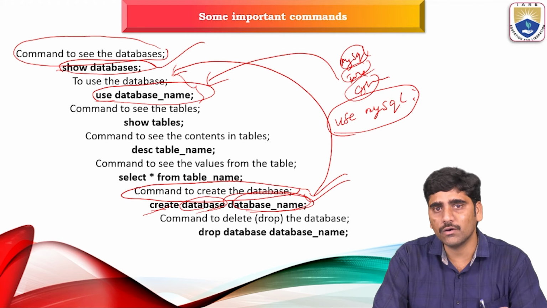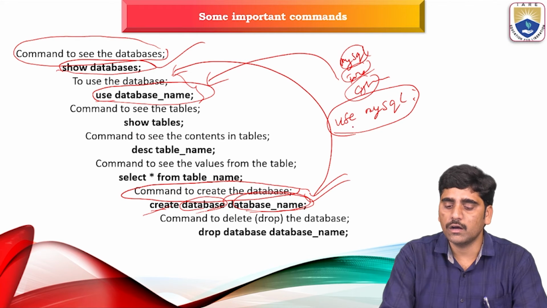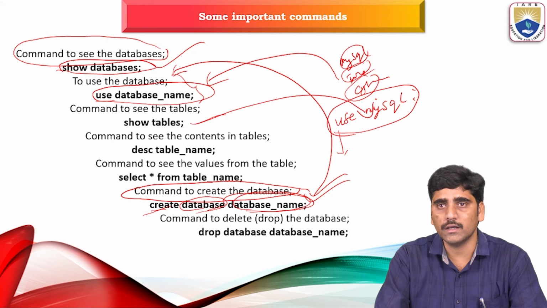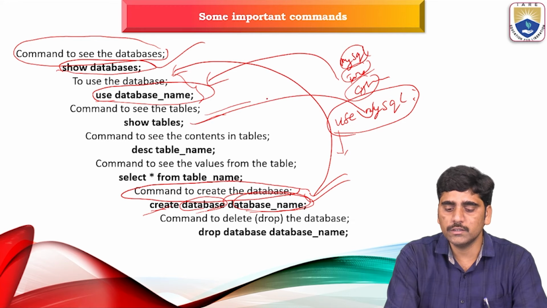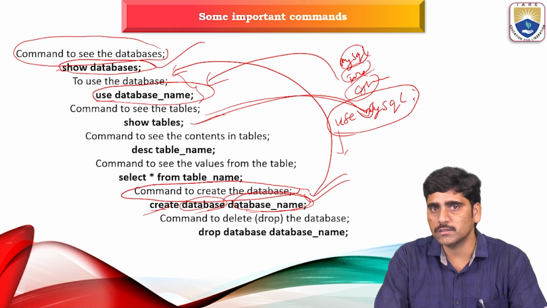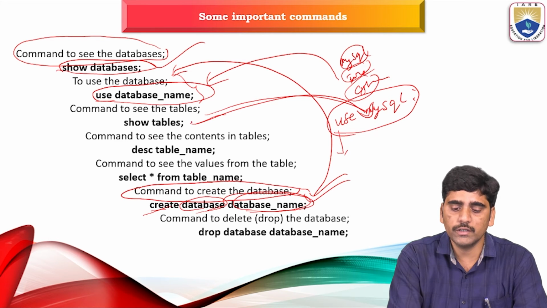After running these commands on the database, what do we need to do next? I just want to see the list of tables that belong to this database. MySQL is one database, but what does it actually contain?